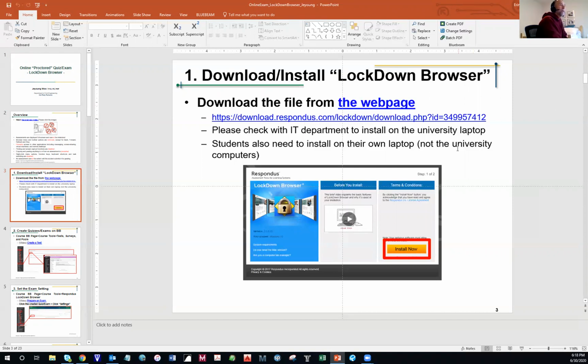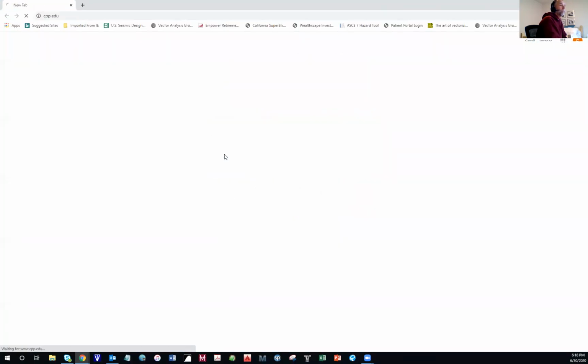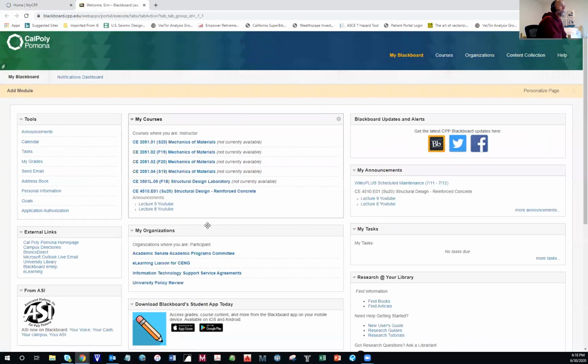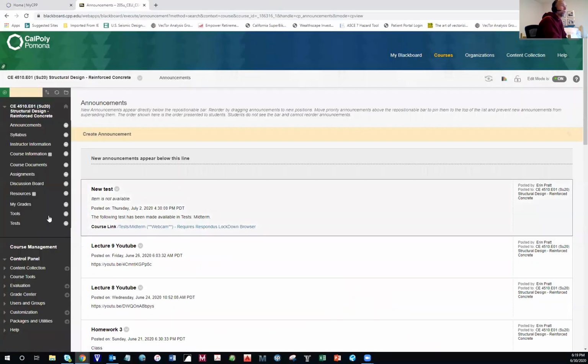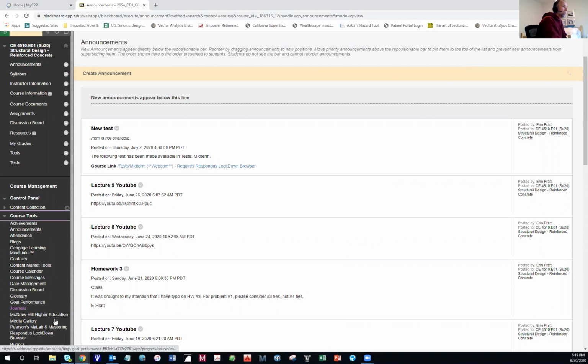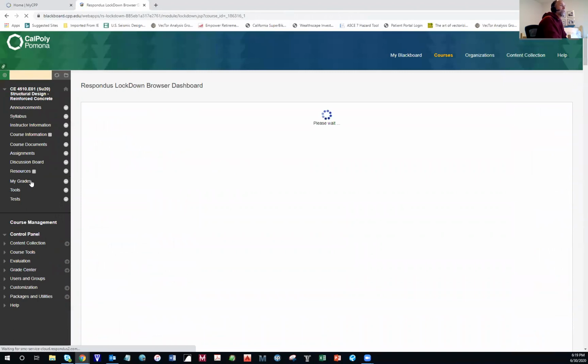And then you go to Blackboard. Okay, so everybody sees this. Everybody's got this part of it. Make sure you download Lockdown from here. And then you go to Blackboard. This might look a little different for you, but my understanding is then you go to Course Tools and Respondus Lockdown Browser.